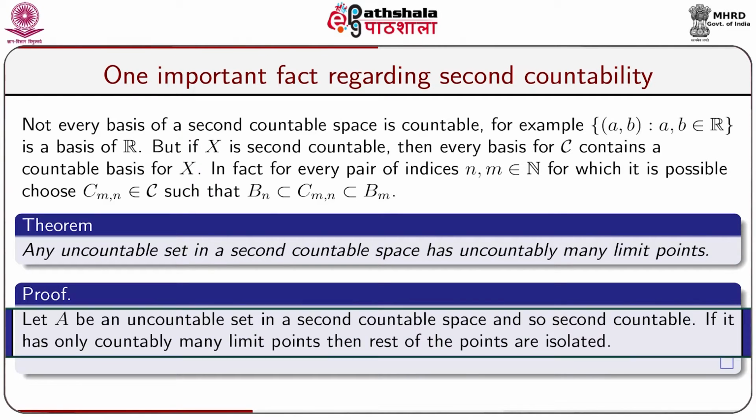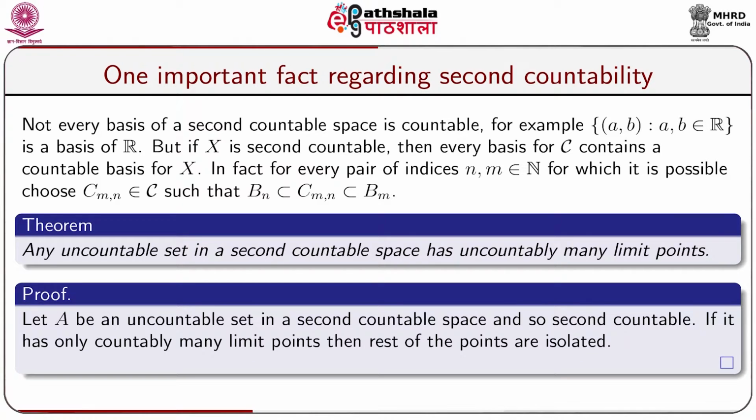Proof: let A be an uncountable set in a second countable space. Since second countability is a hereditary property, A is also second countable. Now, if possible, suppose A has only countably many limit points; then all other points are isolated points.